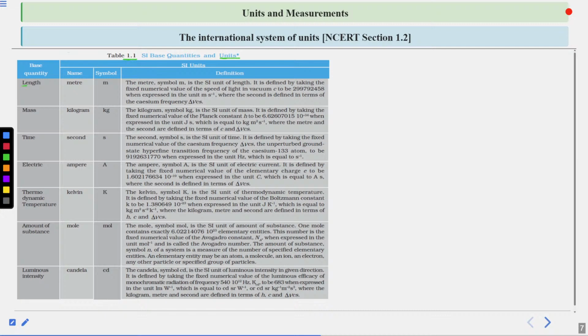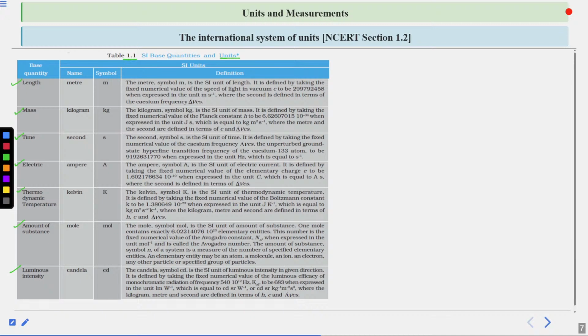First is length, second is mass, third is time, fourth is electric current, fifth is thermodynamic temperature, sixth is amount of substance, and seventh is luminous intensity. So these are the 7 fundamental units, or we can say 7 base units, which are accepted internationally. Clear?